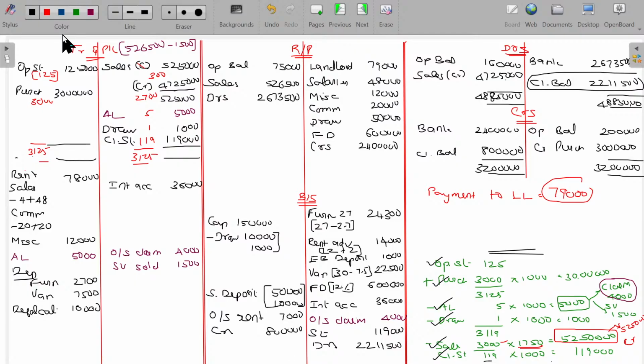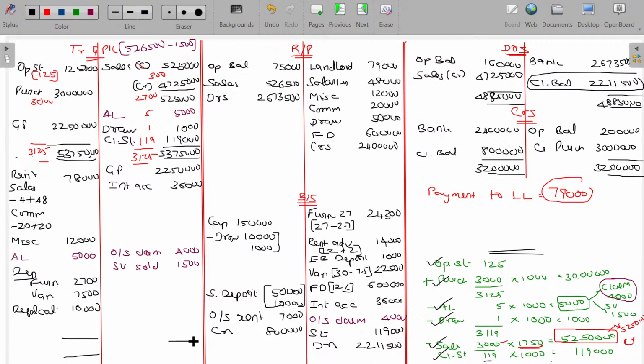Now, finish up tallying the trading account. Trading account total being 53 lakhs 75,000. And you will get the GP. GP here being 22 lakhs 50,000. Transfer the GP here, 22 lakhs 50,000.